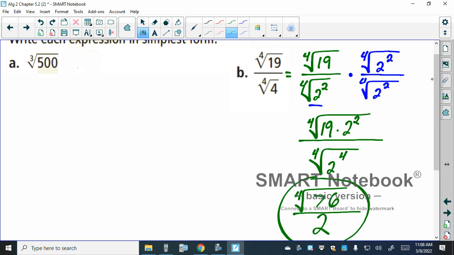Let's look at A, the cubed root of 500. Well, with these here, again, we could do factor trees, because most likely 500 is not going to be divisible, or we can't get a whole number if we take the cubed root of it.